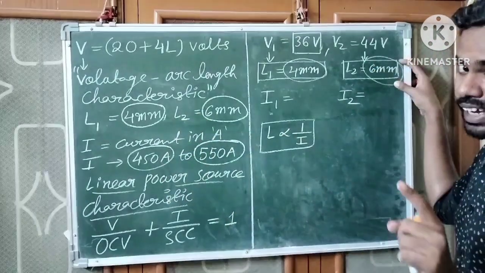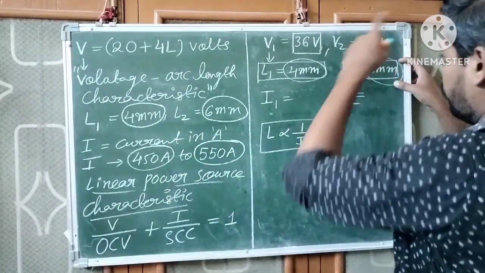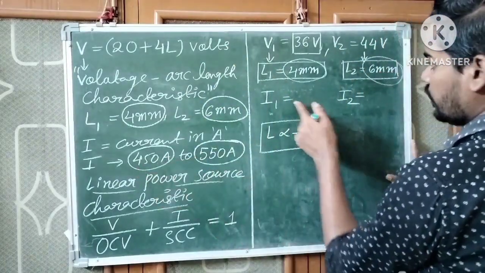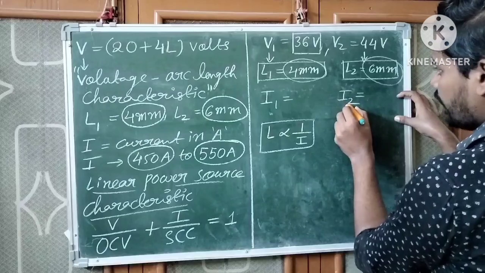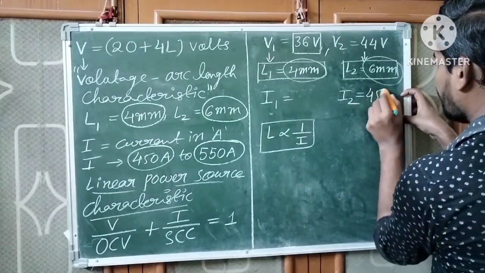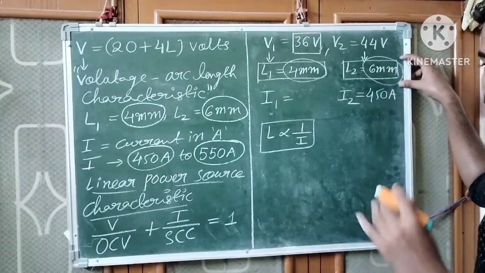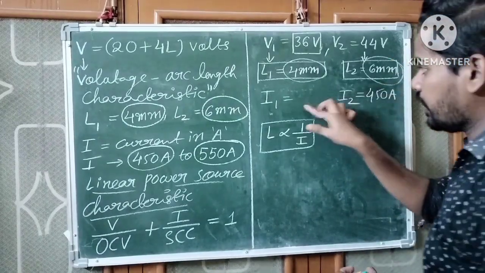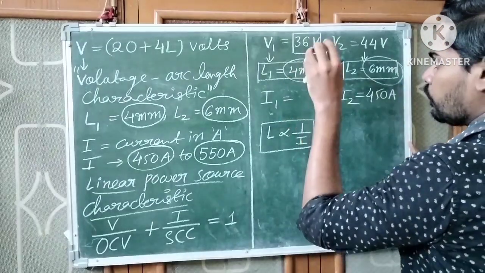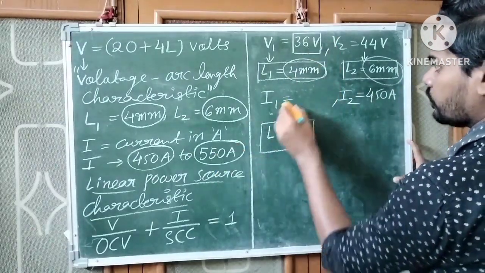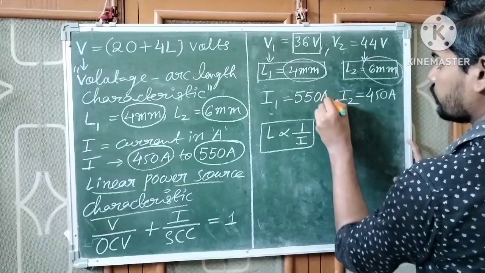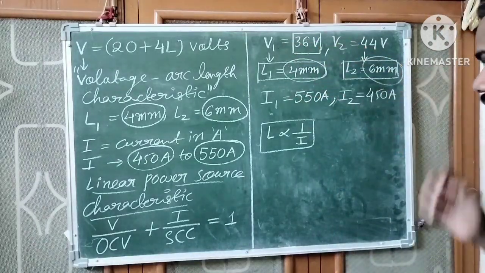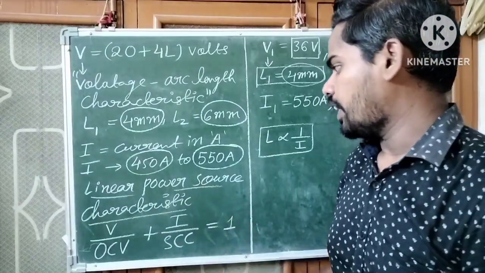So for L2, I2 is 450 amperes. That means to get a longer arc length, we must supply less current. For minimum arc length, you have to supply maximum power, so 550 amperes. So we have all quantities V1, V2, I1, I2, and also we have the linear power source characteristic.